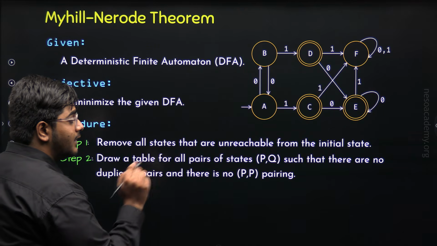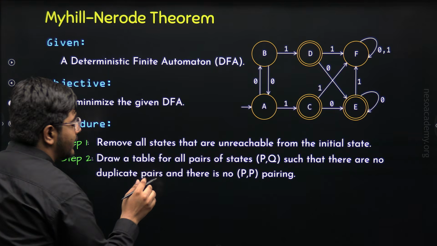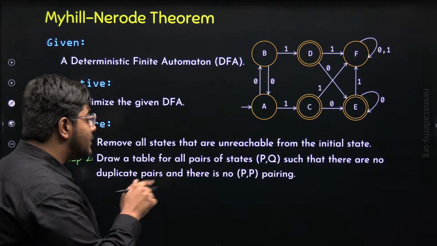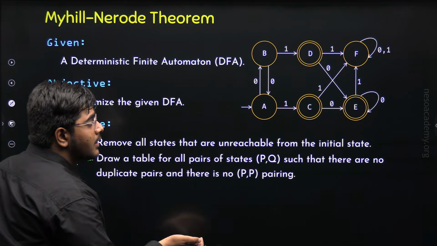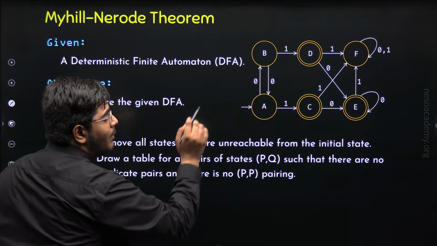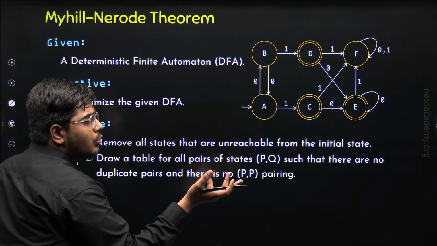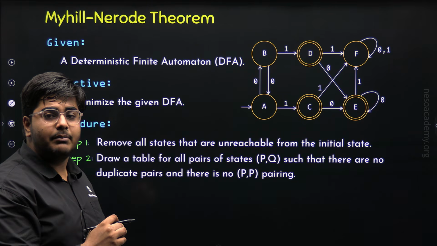And there is a condition. There are no duplicate pairs. That means duplicate pairs are not allowed in that table. Also, there is no P, P pairing. P, P pairing means the pairing of states like A, A, B, B, C, C, D, D and so on. So such pairings are also not allowed in that particular table.